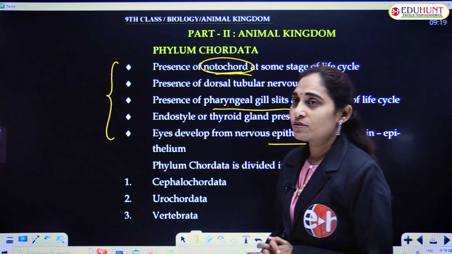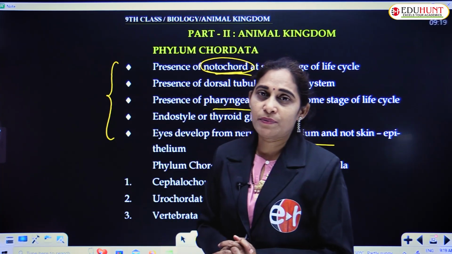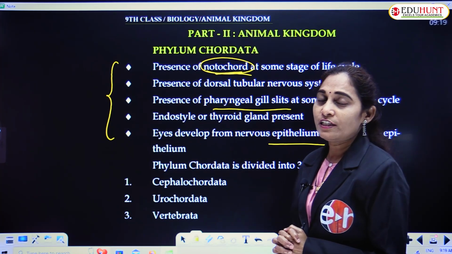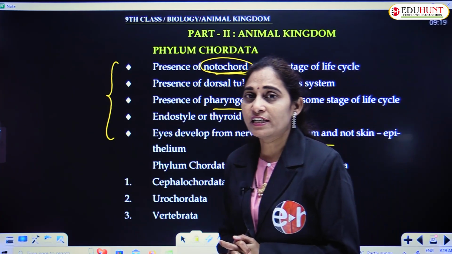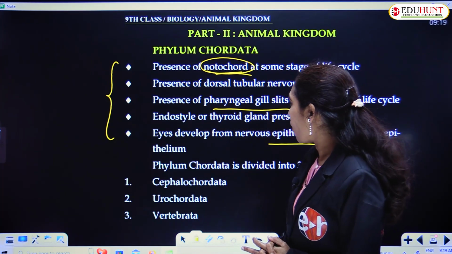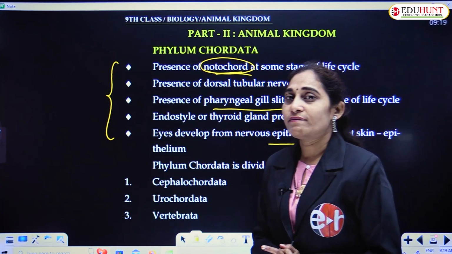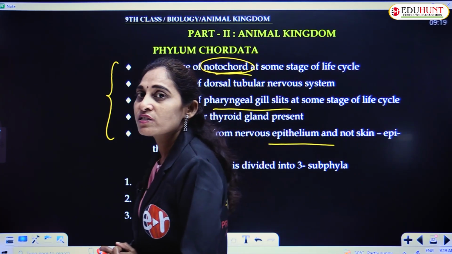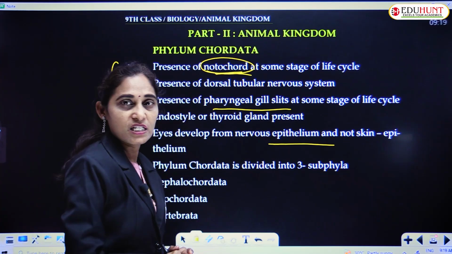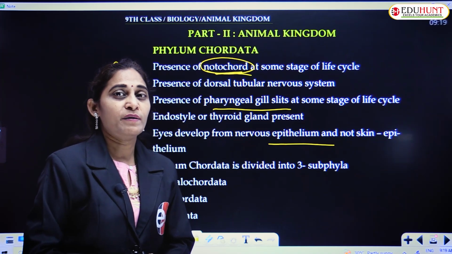What are they? Presence of notochord. Second, presence of a dorsally placed tubular nervous system. Third, presence of pharyngeal gill slits. And the fifth one is presence of endostyle or thyroid gland, and development of eyes from nervous epithelium and not from skin. These are the 5 demarcating features of the phylum Chordata.